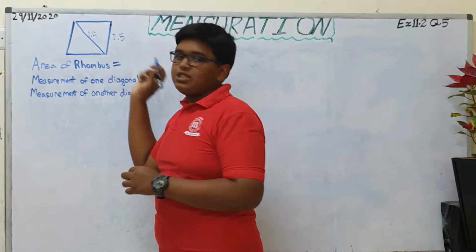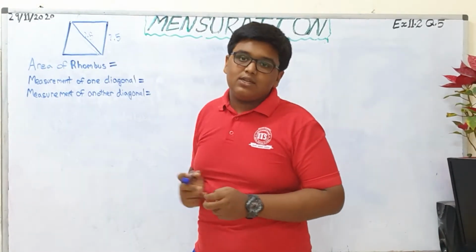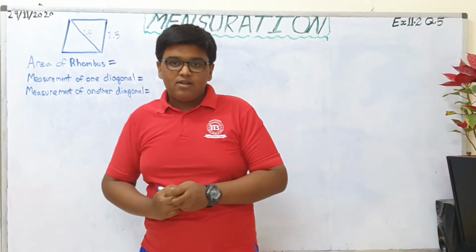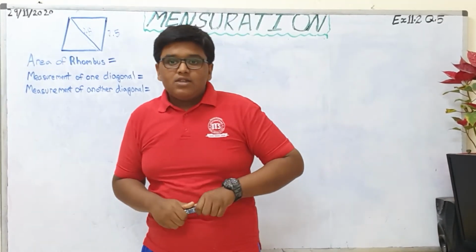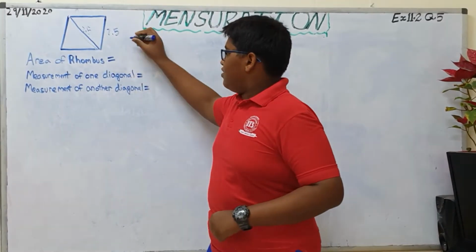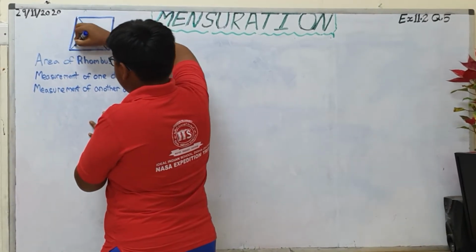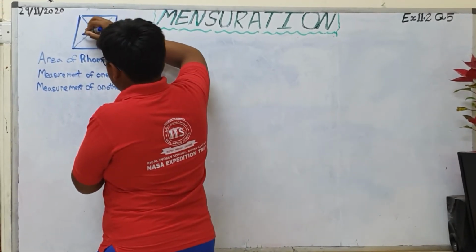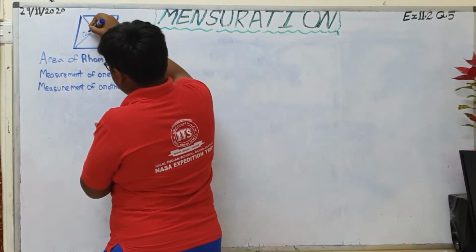Therefore it is called a diagonal. Now they have given us two diagonals. One is 7.5 centimeters and one is 12 centimeters.